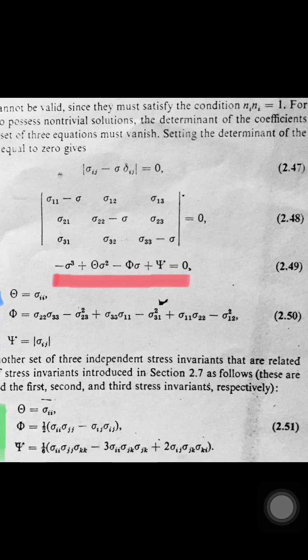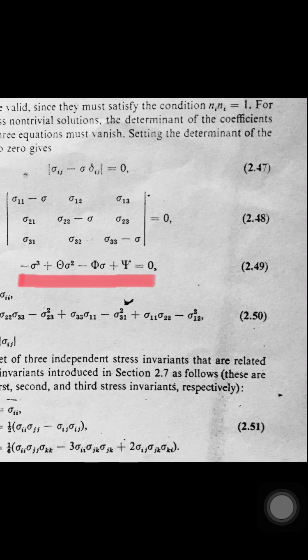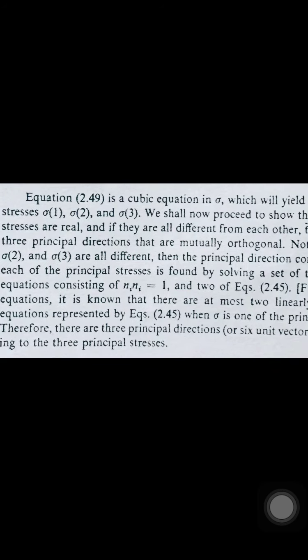We have already studied these; they are usually called the first, second and third stress invariants respectively. As it is, we can write these as 2.51. So 2.50 in the non-bar system and 2.51 in the bar system due to invariance.